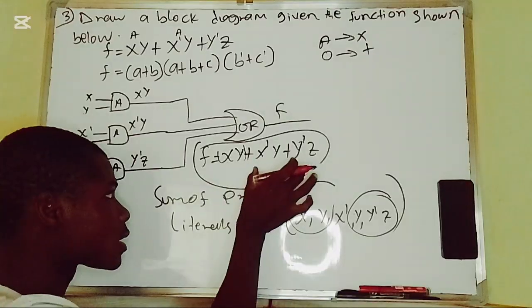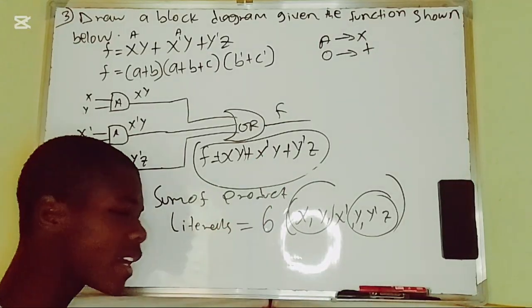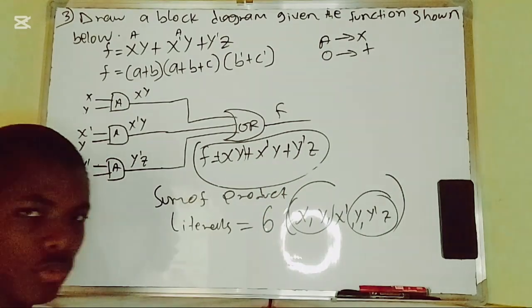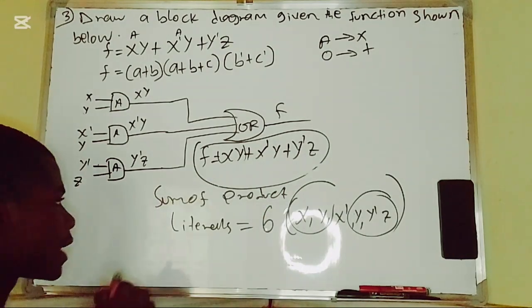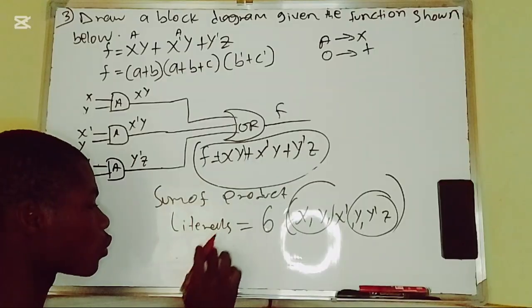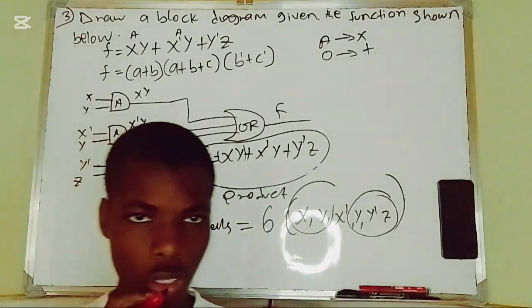Literals are how many variables you are dealing with, so those are called literals. And this is the sum of the products. And we also have product of sums.